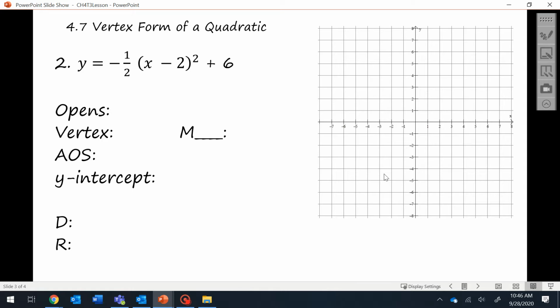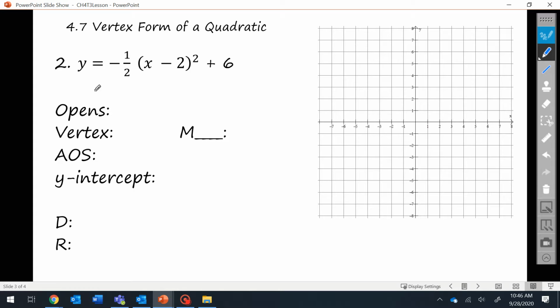All right, so let's take a look at this second example. y is equal to negative 1/2 (x minus 2) squared plus 6. The a, h, and k. A is negative 1/2. h is 2, and k is 6.